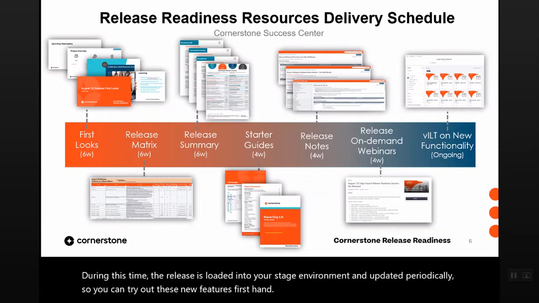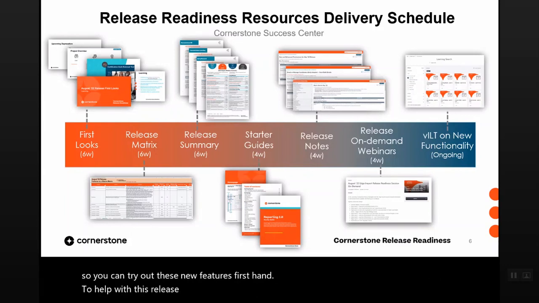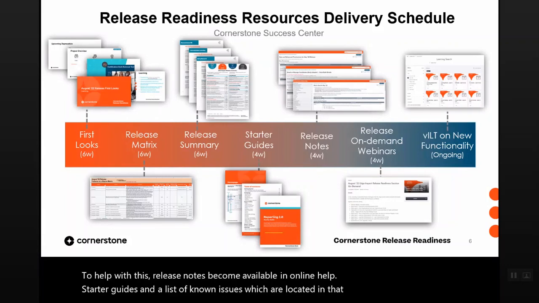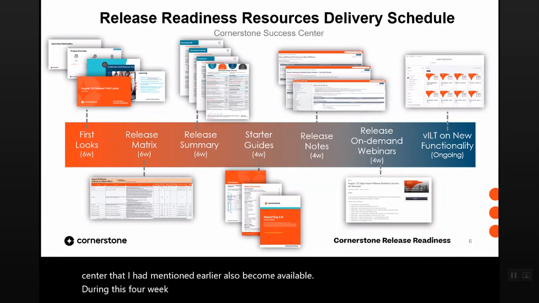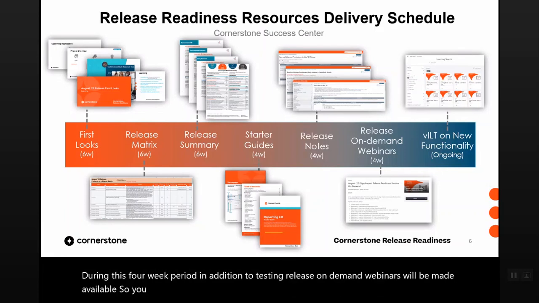To help with this, release notes become available in online help. Starter guides and a list of known issues, which are located in that release topic in the Success Center that I had mentioned earlier, also become available. During this 4-week period, in addition to testing, release on-demand webinars will be made available so you can learn and see what's new directly from our product managers.